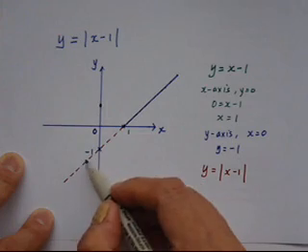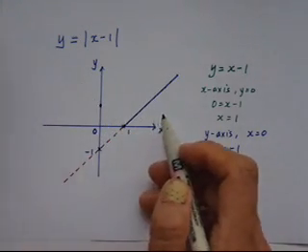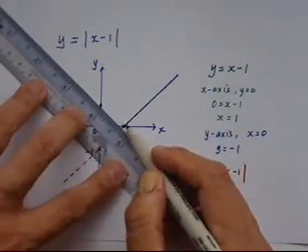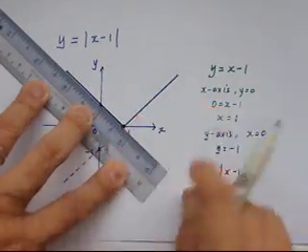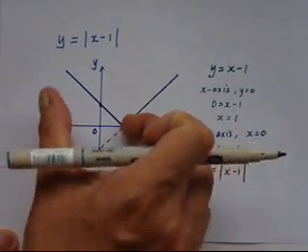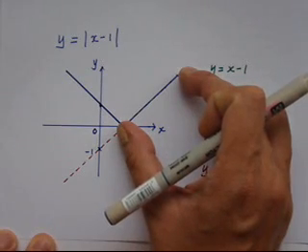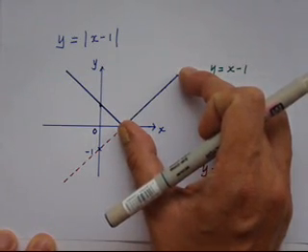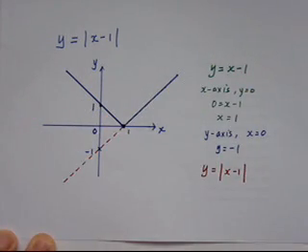So every single point will be reflected along the x-axis, and you can see you get a typical V-shaped graph again. So only this part is reflected. This part remains unchanged because they are already positive. So this is how the modulus of x minus 1 looks like.